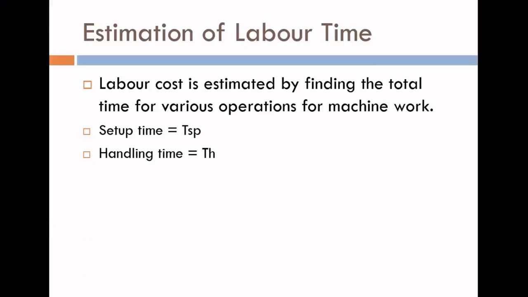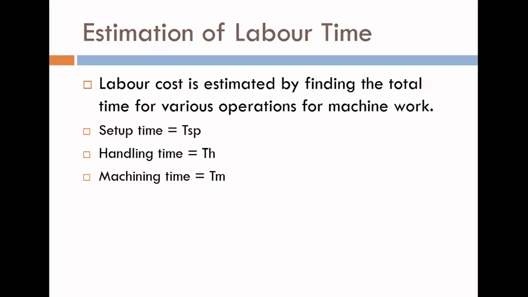The second is handling time. It is the time required per job for activities like starting and stopping the machine, job lifting and fixing it into the chuck or the fixture, adjusting the tool, etc. It is called the handling time, and the handling time is denoted as T suffix H. Third is the machining time.